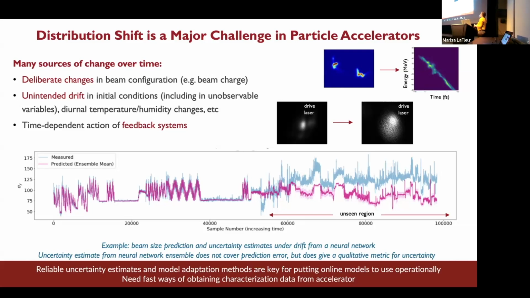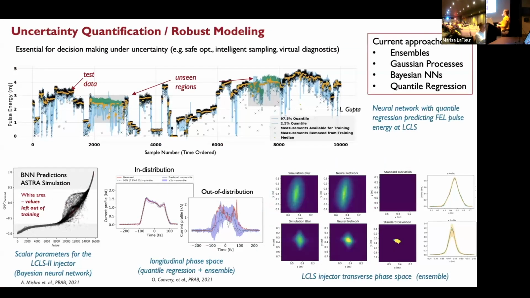And so this sort of online adaptation of the model and calibration of the actual uncertainty estimates is really essential if we want to use these types of models to inform decision making for accelerators. So this is another area of interest. And there, I won't go into the details, but there's a variety of approaches that we've been using to try to do this for various types of signals on accelerators.